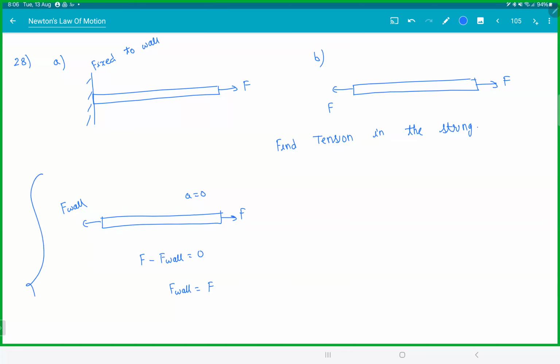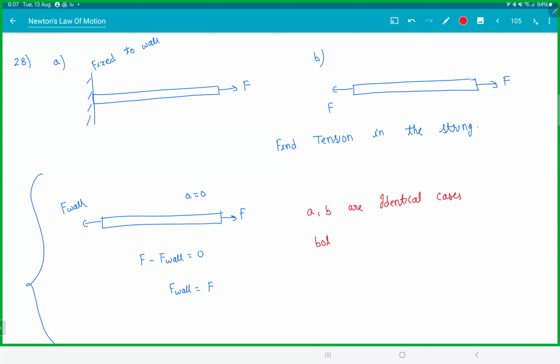So if you actually think about this, A and B both are identical cases. Only in case one, I kept a wall and in the other I applied the force there. You are only looking at the force you're applying. You're forgetting the wall is also applying a force. A and B are identical cases. The only difference is someone is applying a force here. They're behaving like a wall.